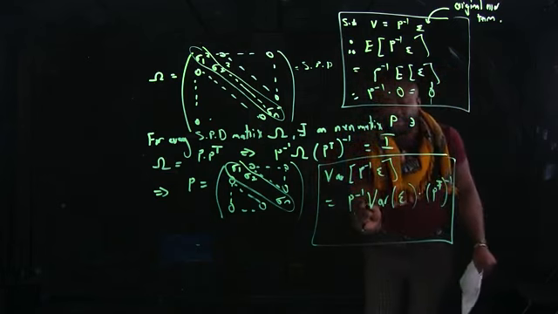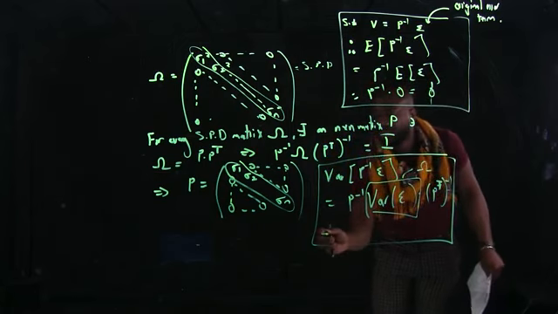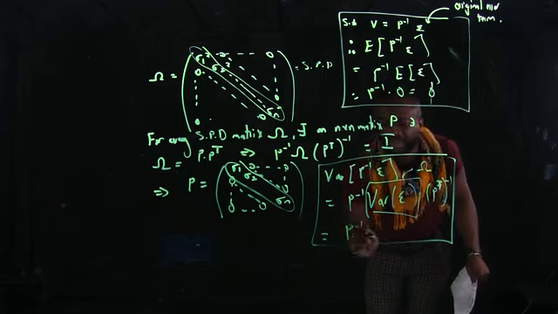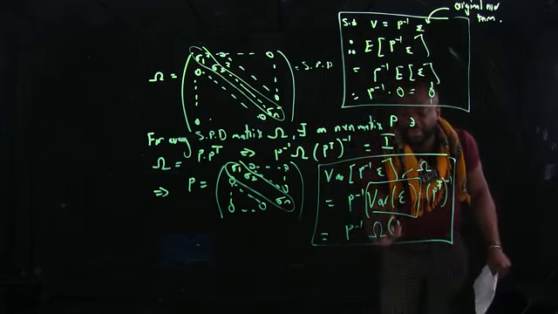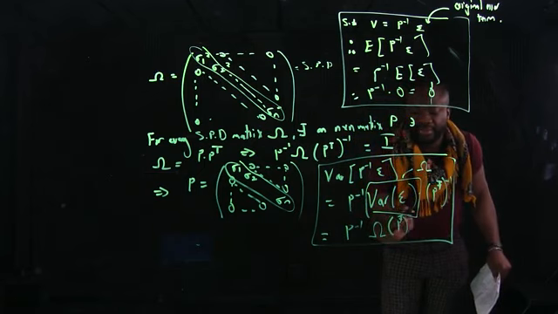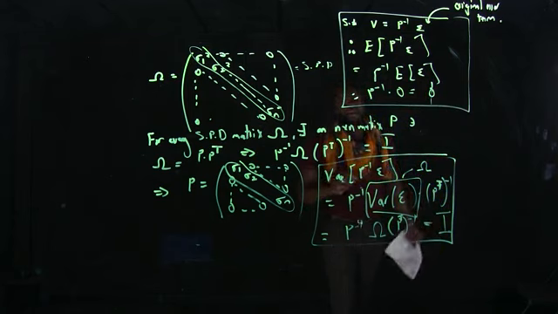And we know that the variance of omega is going to be omega. So this is going to equal P inverse omega P transpose inverse, and this is going to be our identity matrix I.